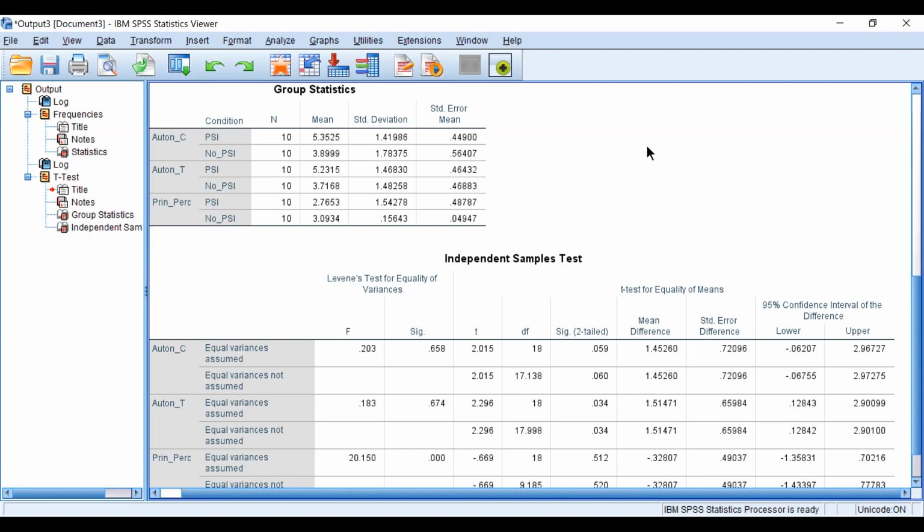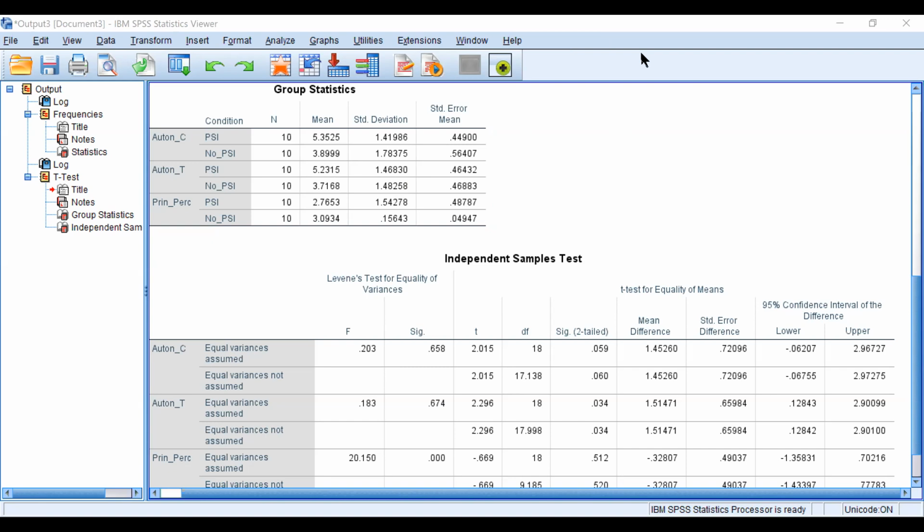So I believe we're going to do curricular autonomy. We need these groups: mean, mean, standard deviation, n of 10, n of 10.